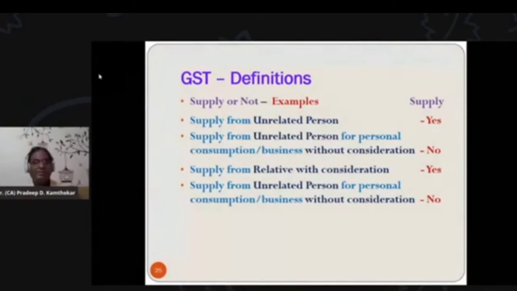Secondly, amount received from an unrelated person for personal consumption without consideration.